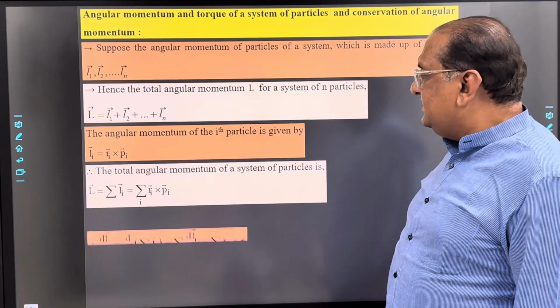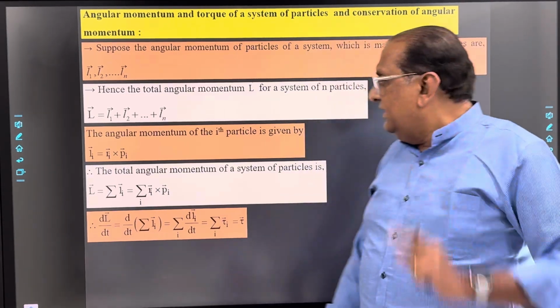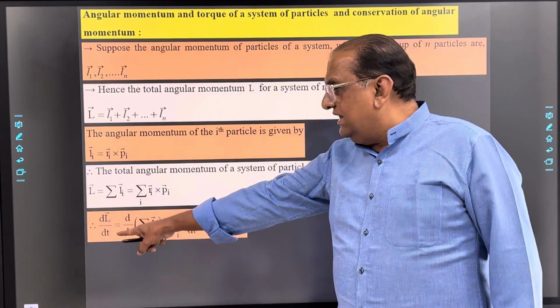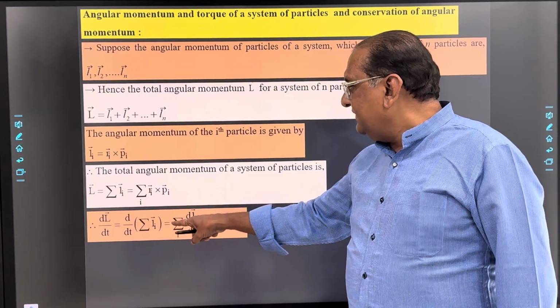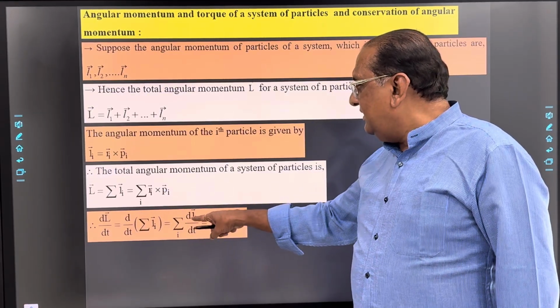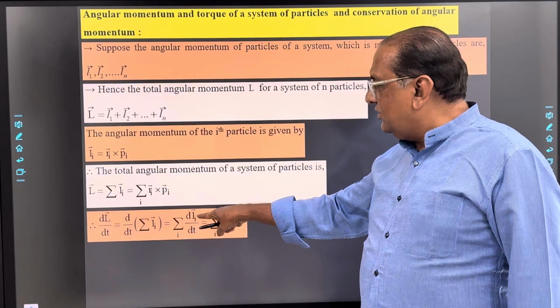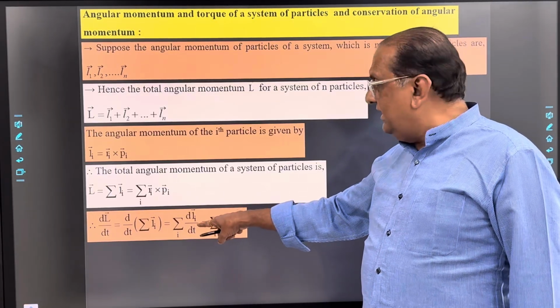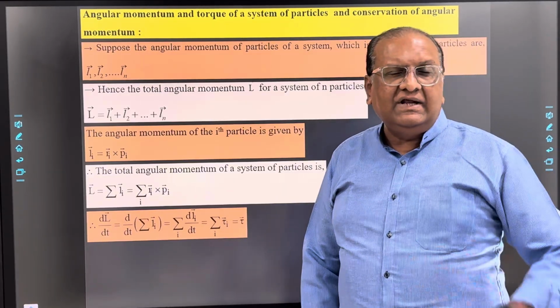Now differentiate this equation with respect to time t. So we can write dL by dt, that is d by dt of sigma Li, that is sigma dLi by dt, and the rate of change of angular momentum is equal to the torque acting on that particle.